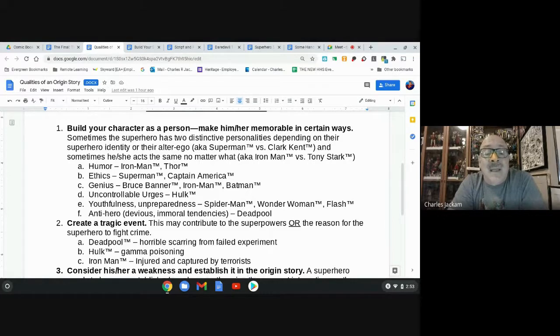Here are some qualities that various superheroes have: humor, ethics, genius, uncontrollable urges, youthfulness, unpreparedness, or perhaps they're the anti-hero. They're doing heroic things in not necessarily a heroic fashion. Think Deadpool, think Punisher. He's definitely an anti-hero.